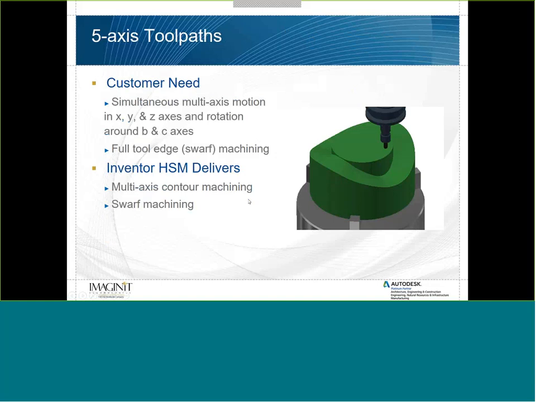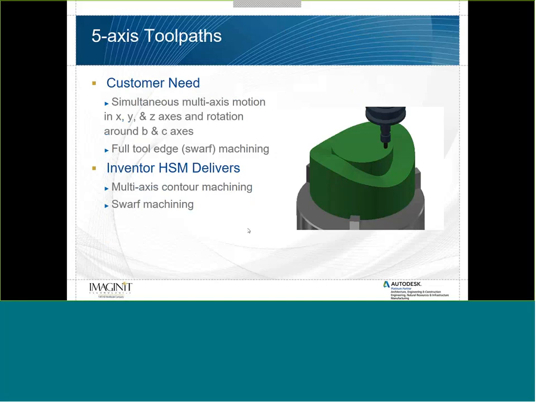So the last thing that we're going to talk about here is our 5-axis tool paths. So the customer need is simultaneous multi-axis motion in the X, Y, and Z, as well as rotation around the B and C axes, rotation around the Y and Z. And another need is the ability to take advantage of full tool edge or swarf machining to mill the component down using the long edge of the tool instead of just having to work on the tip.